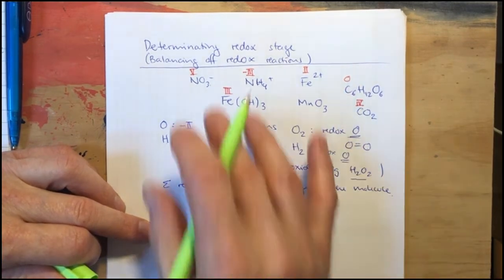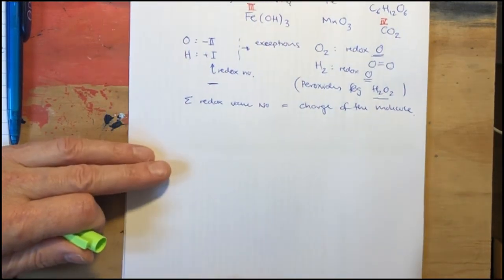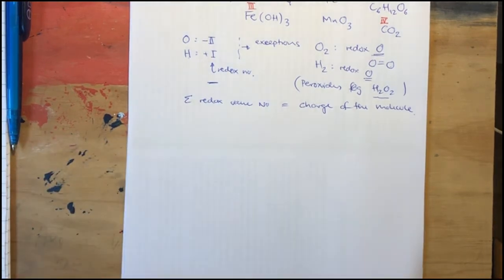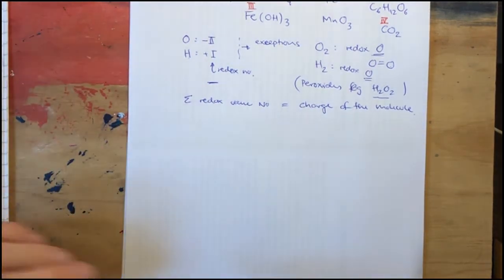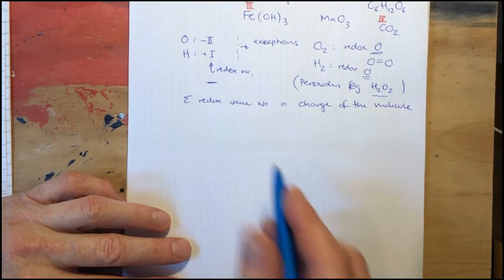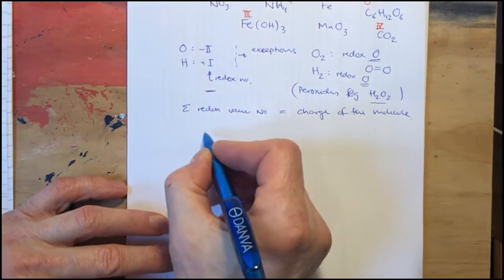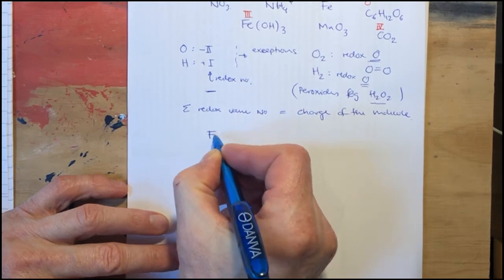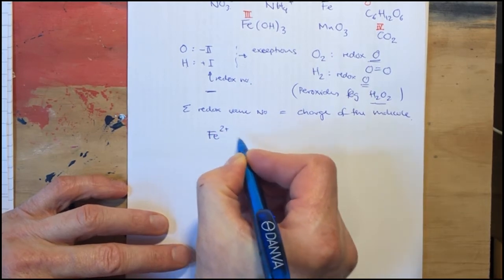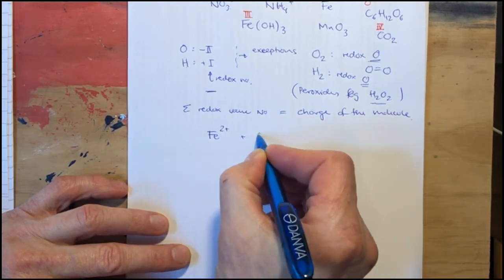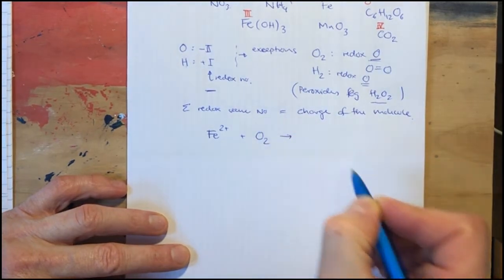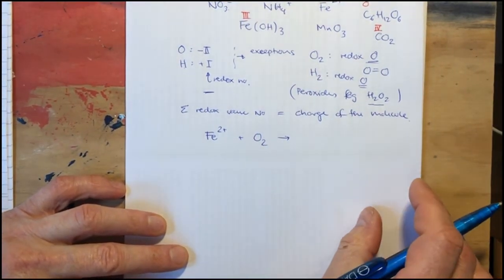So this is how you can determine the redox number of the components involved in simple molecules. Let's say you have a reaction you want to balance out. Let's say we have the reaction where iron 2 ions are in an environment with oxygen, and that could lead to the oxidation of the iron.